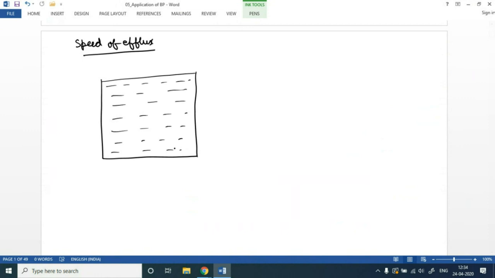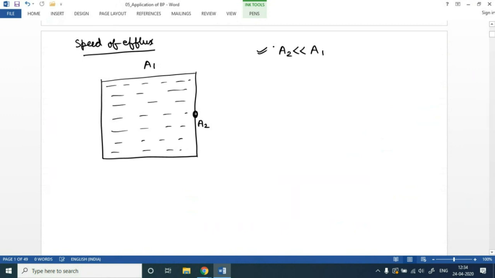Right now it is static, but we have made a very small orifice over here. Let's say the cross-sectional area of the container is A1, and A2 is the cross-sectional area of this orifice. The size of the orifice is small, so A2 is much less than A1.